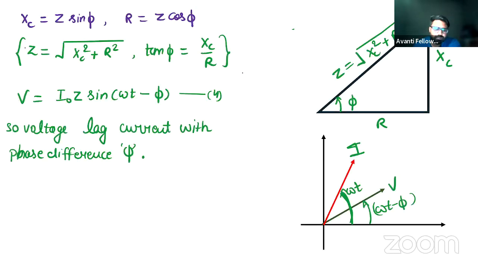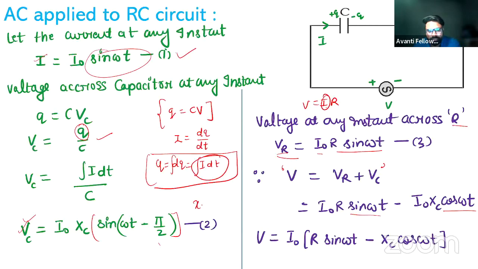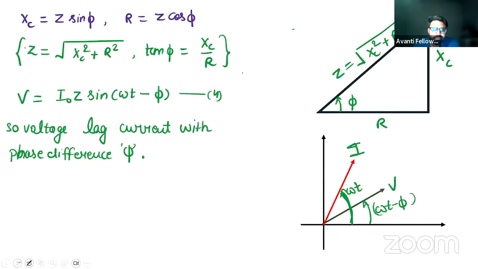Here, what is XC? XC is nothing but, if you integrate this I, it will become minus cos omega t by omega. So it is coming out as I naught divided by omega C. This 1 upon omega C we have considered as XC, which is nothing but the capacitive reactance.